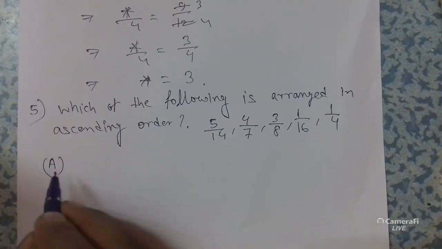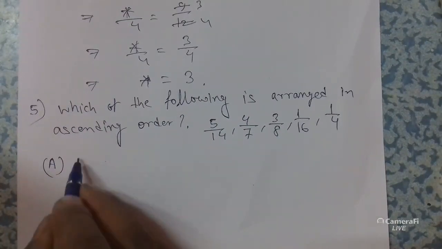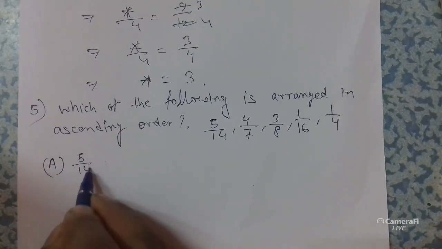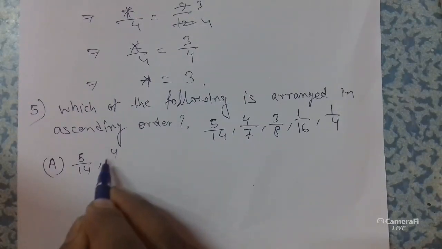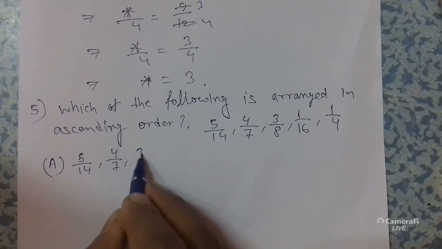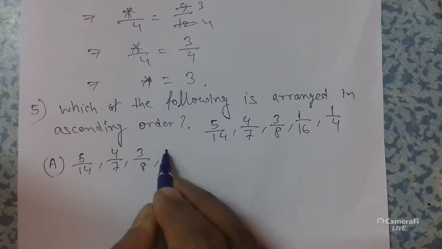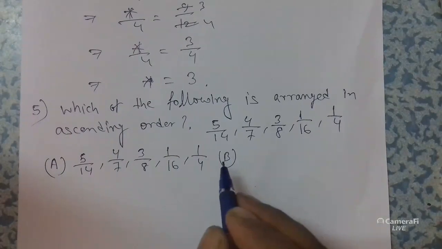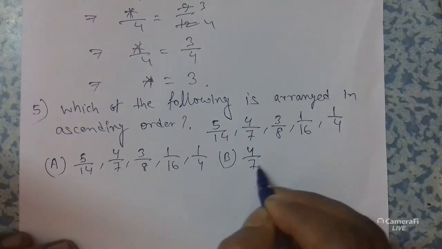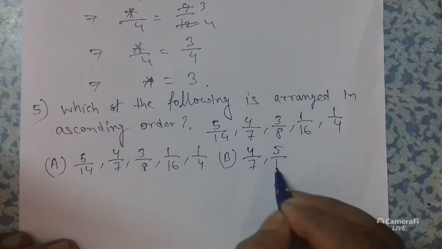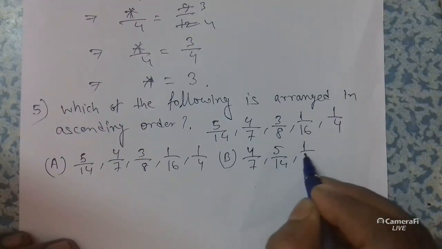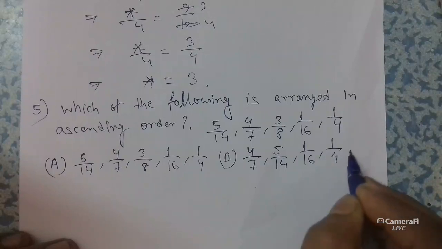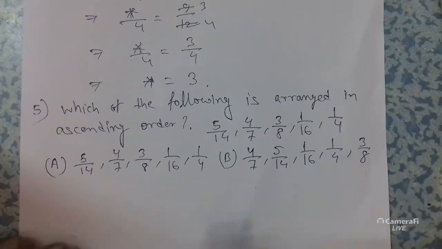And here the options are: option A, 5 by 14, 4 by 7, 3 by 8, 1 by 16, 1 by 4. Option B, 4 by 7, 5 by 14, 1 by 16, 1 by 4 and 3 by 8.